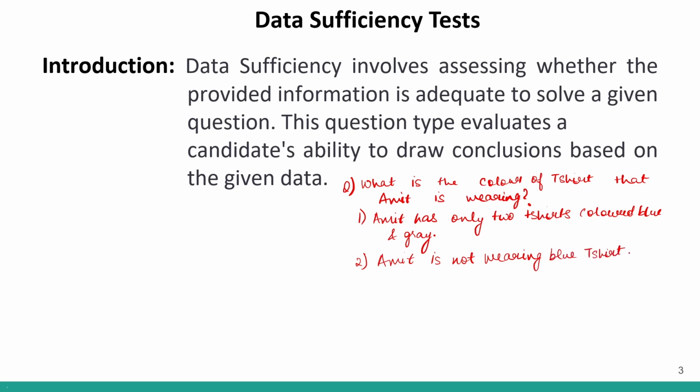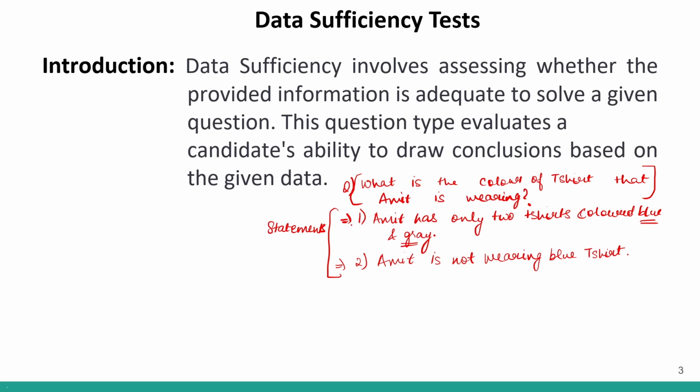Now, these are two statements, correct? If I look at statement number 1, I can get the data that Amit has only two shirts, blue and grey. So these are the only two colors that Amit has in t-shirts. And the second data tells us that Amit is not wearing a blue t-shirt. My question is, what is the color of the t-shirt that Amit is wearing?